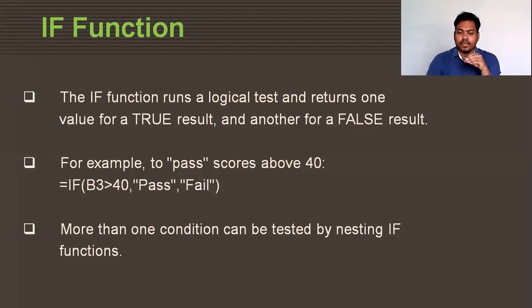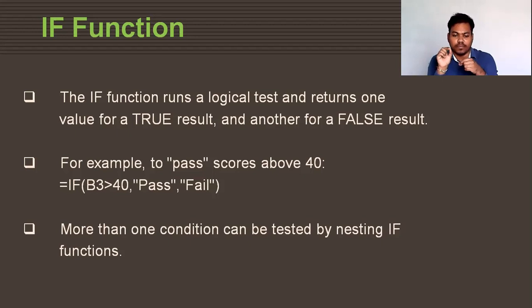For example, to pass, the score must be above 40. How will we write the condition? Equal to IF, then in the parentheses we first write the condition. If this condition is true, then show pass, otherwise show fail.